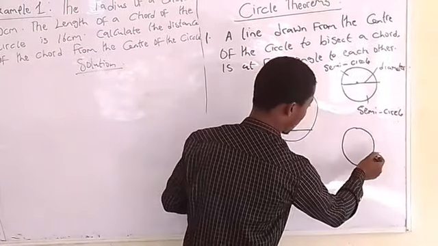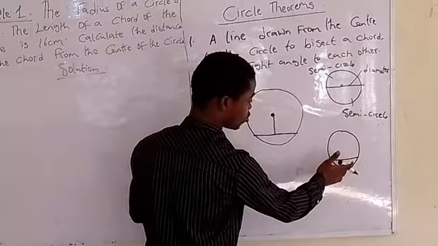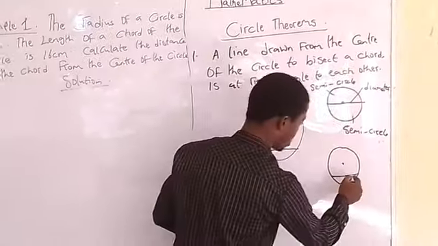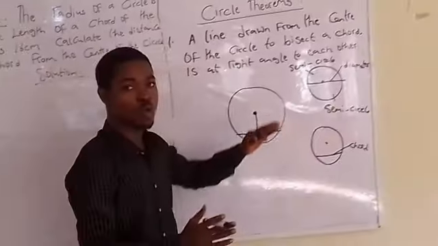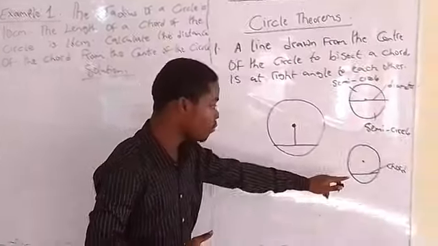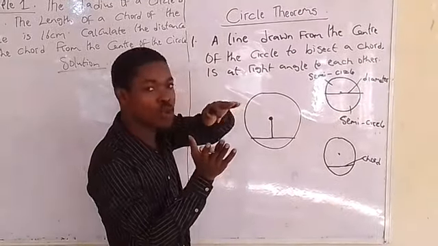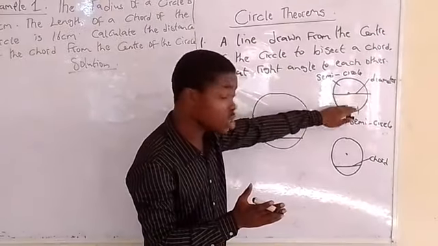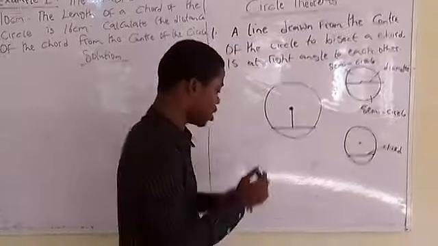So we have a line here. This line divides the circle into two parts, and it does not pass through the center of the circle, which is this place. So we call this line a chord. So a line that divides the circle into two parts but does not pass through the center of the circle is called a chord, while a line that passes through the center of the circle to divide the circle into two equal parts is called a diameter.